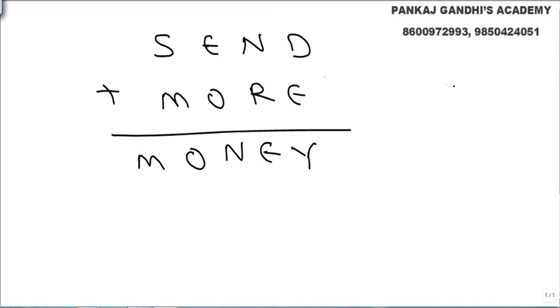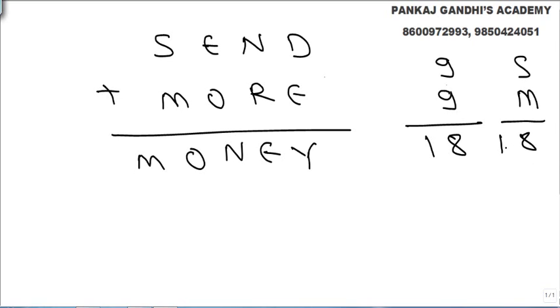Now we all know two things. 9 plus 9 maximum can be 18, means S plus M they both cannot be 9, but maximum carry forward can be 1. So M is compulsorily 1. I repeat, carry forward is the biggest hint.